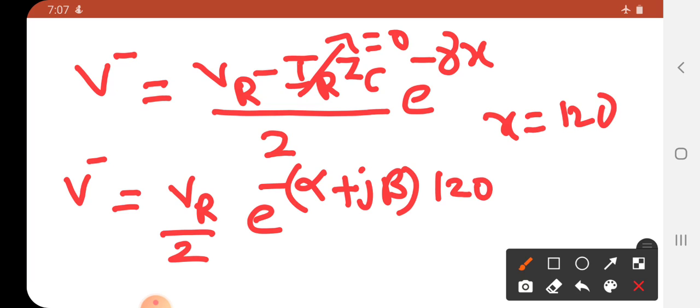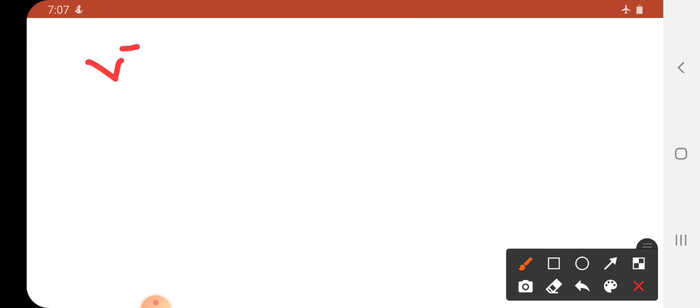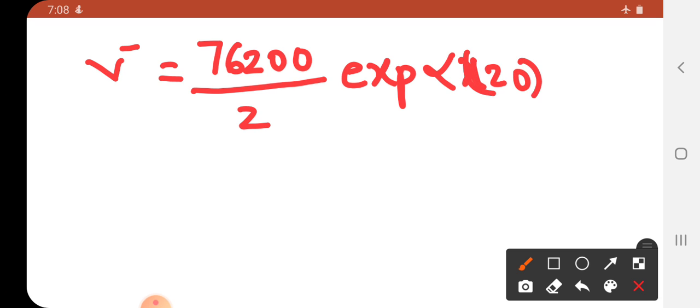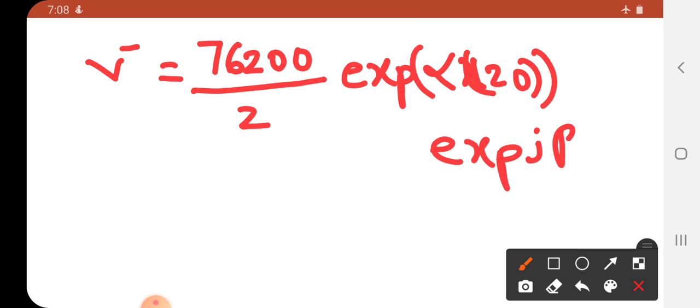Now let us substitute this value. Then V minus is equal to 76,200 divided by 2 into exponential of alpha into 120, and exponential of minus j beta 120.